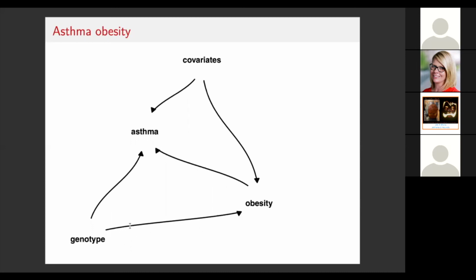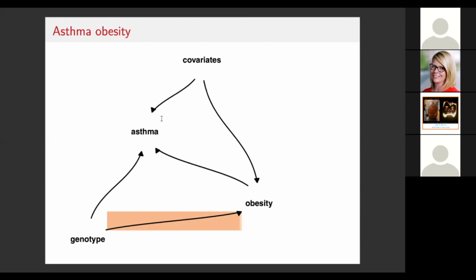And so if this arrow wasn't there, let's imagine this arrow is not there. If I condition on asthma, which is what I would do if I have a case control study, because a case control study is done by selecting individuals who have asthma and some individuals who don't have asthma, so it's by definition conditioning on asthma, that would open up this path between genotype and obesity.